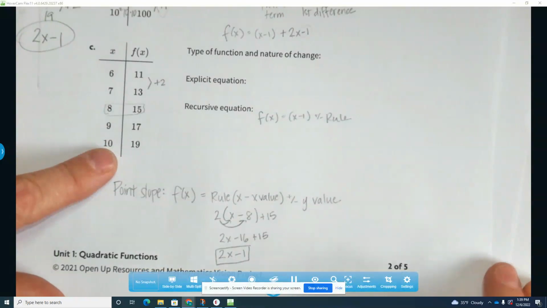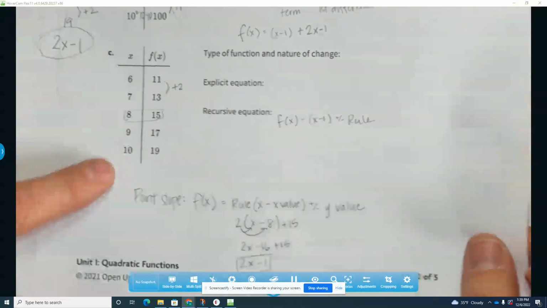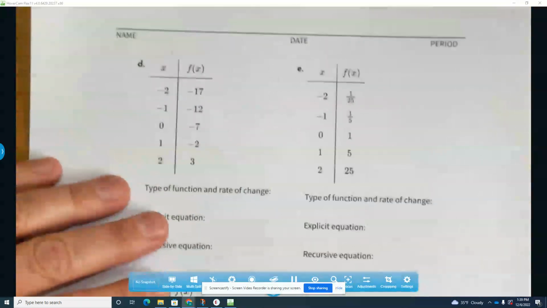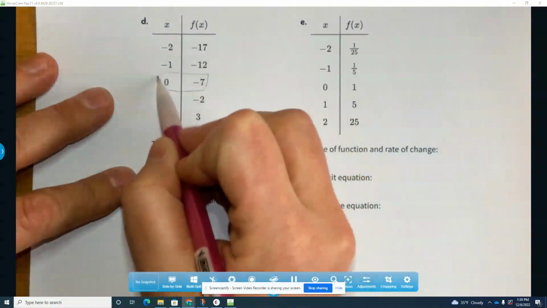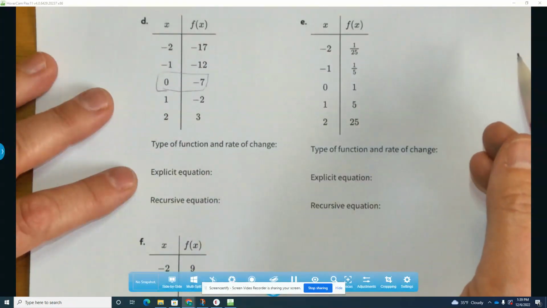So I'm pretty sure you guys can do C on your own. And we'll go to D and E and F. We do have a 0 term here, which is nice, but we still need to figure out what the pattern is. If it's arithmetic, if it's geometric, if it's quadratic.